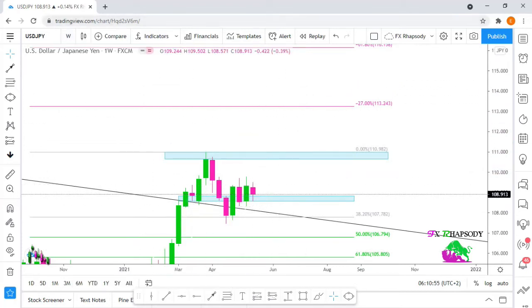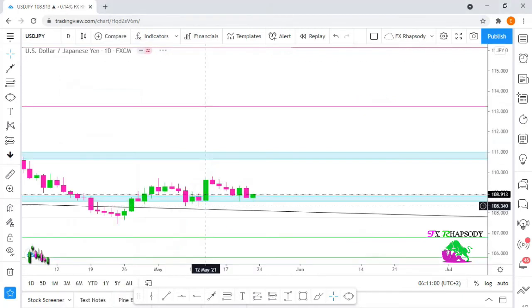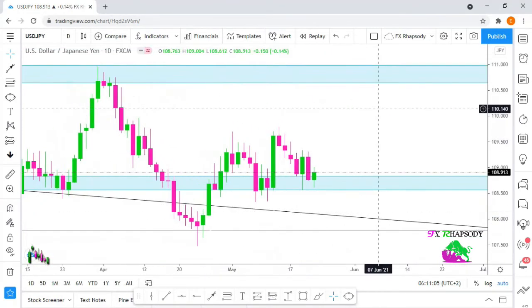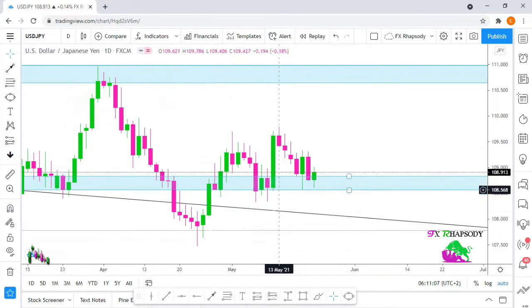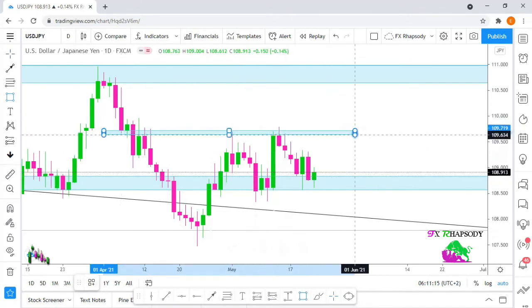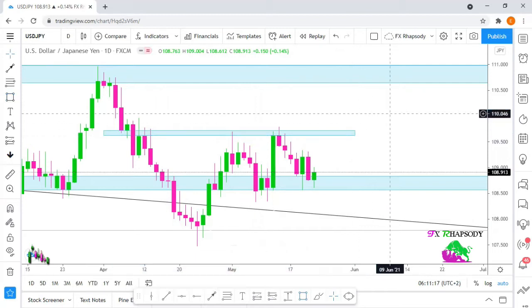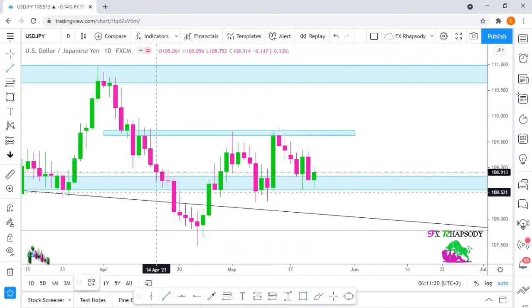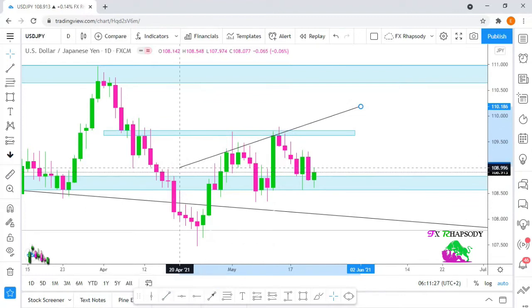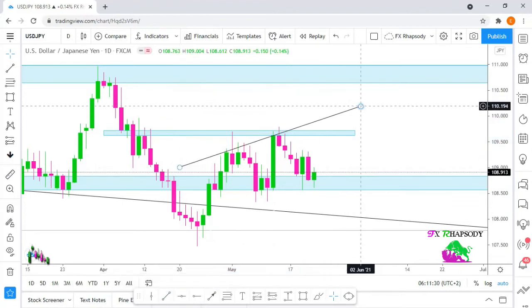So if we drill down to the daily time frame, let's see what's happening here. Okay. On the daily time frame, we can see that there's a nice area of resistance over here. We can also see trend lines starting to form because there have been two touches basically. So what we do here is just draw that.